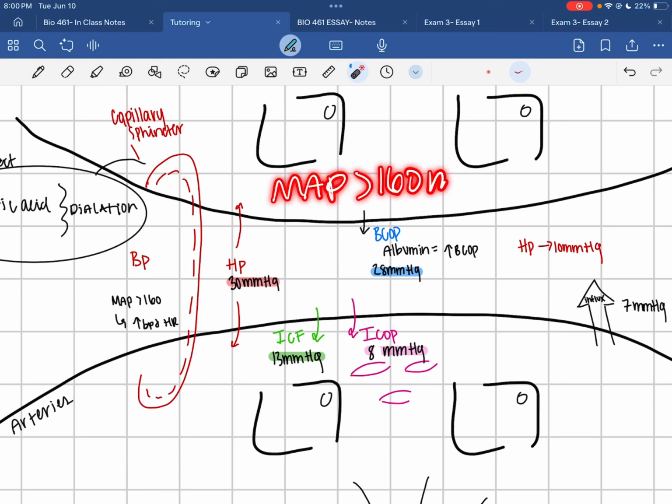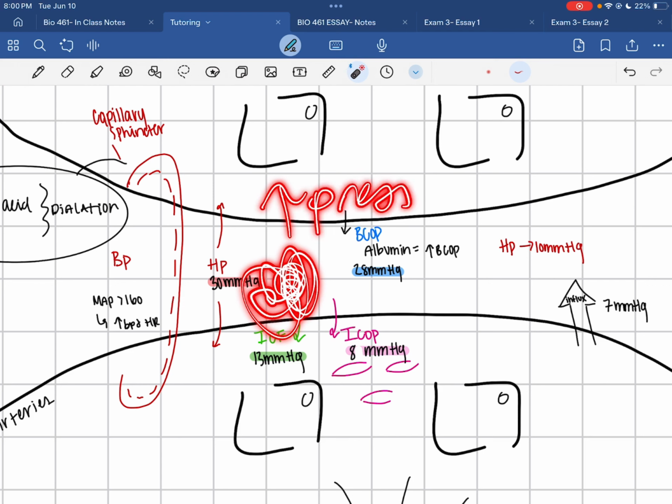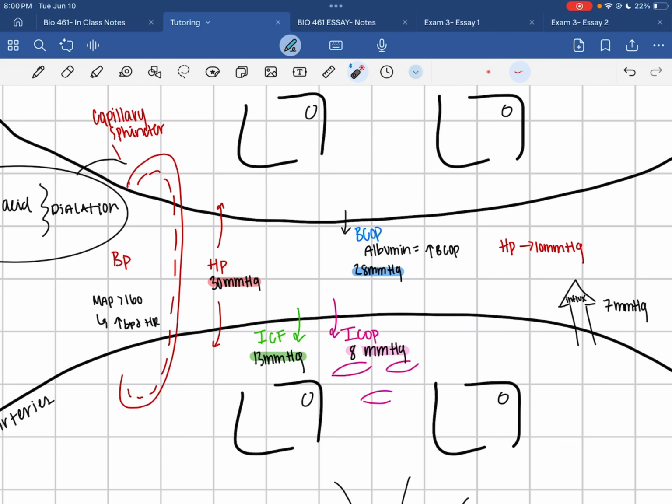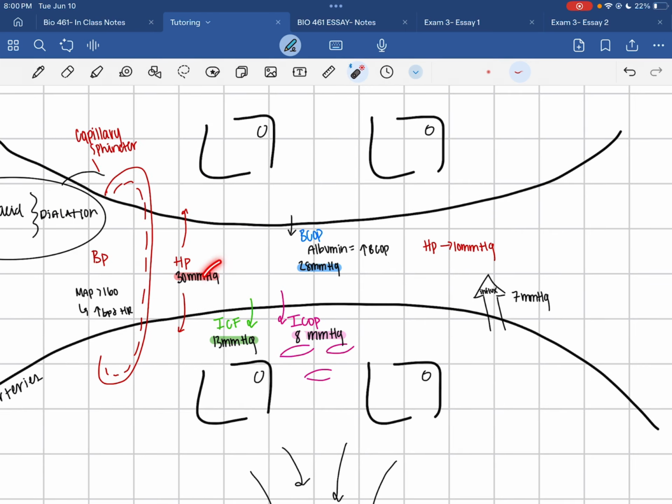So if you have an increase in hydrostatic pressure, that means the mean arterial pressure is above 160 millimeters of mercury for a long time, so more blood can move past these pre-capillary sphincters than normal, which could cause a clot on the venous side, which will increase pressure, and that means that there's less fluid to be reclaimed.